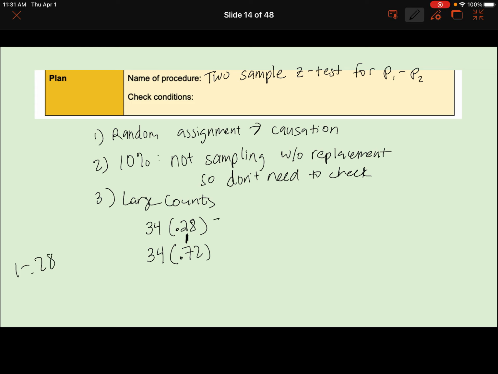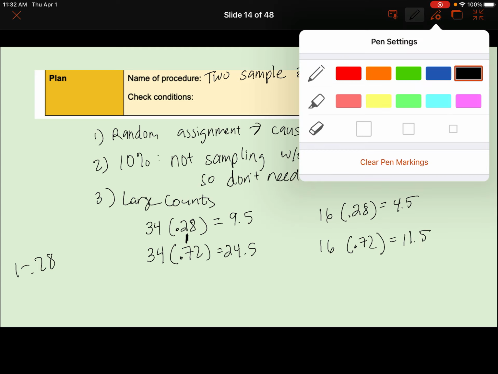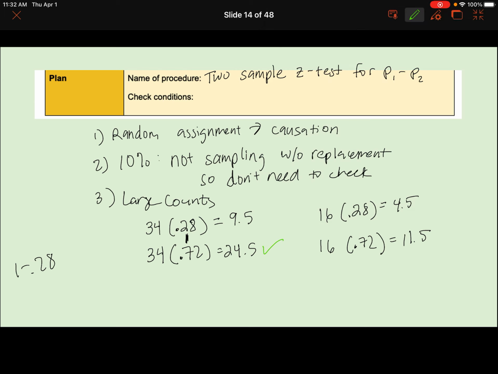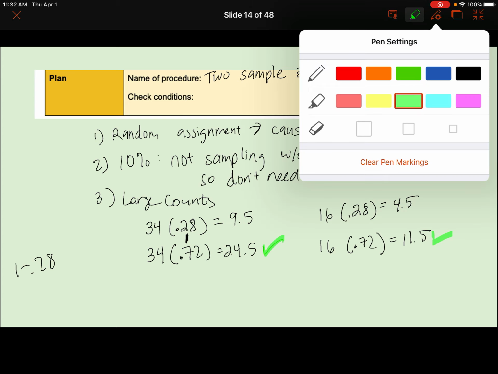Okay, so I'm getting 9.5 there and 24.5. So, interesting. Let's see what happens with the other one. If I've got 16 and 16, it's going to be the same stuff, 0.28 and 0.72. And we're looking to see whether or not these are greater than or equal to 10. This one is, but these two aren't.